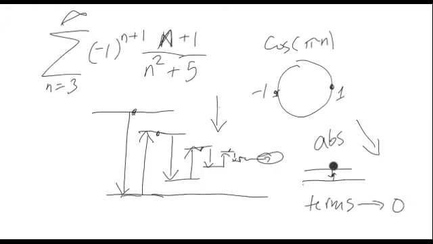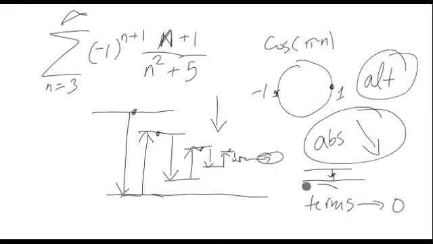So we have some conditions. If a sequence is alternating, the absolute values are decreasing, and the terms themselves go to 0, then the series, the act of adding up everything, will actually have a limit. All we have to do to show convergence is these three things: alternating, absolute values going down, terms go to 0. And then we know that our alternating series will converge.